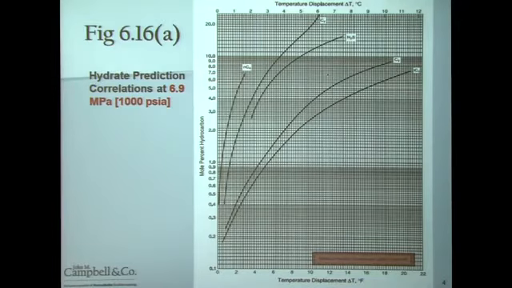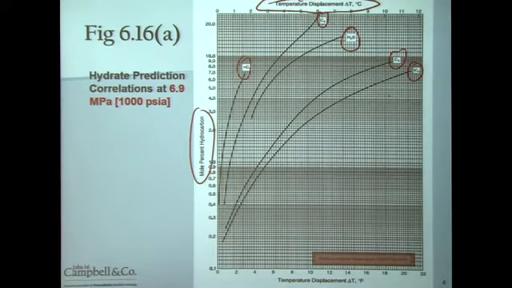Here we see one chart that plots the mole percent of hydrocarbons versus a temperature displacement. The parameters are various components: normal butane, ethane, hydrogen sulfide, propane, and isobutane.